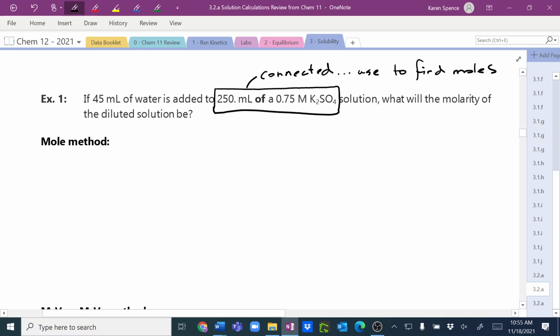So using our mole method, the moles of K2SO4 is going to be equal to, if we are using volume and molarity, should I be using milliliters in my calculation? No, I should be using liters. So I'm going to say 0.250 liters. And if I want to find moles, what unit has to go on the bottom?